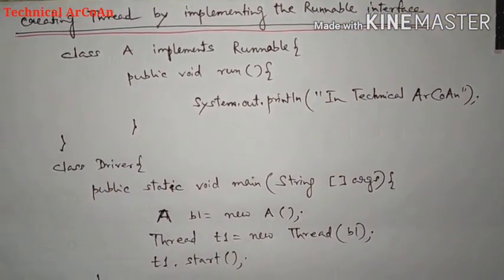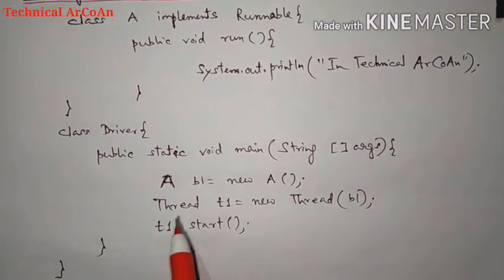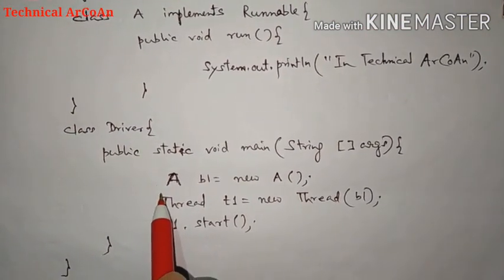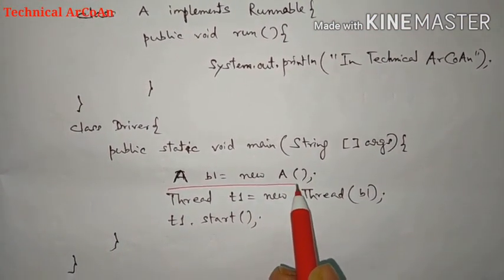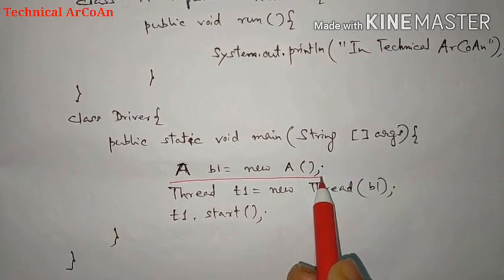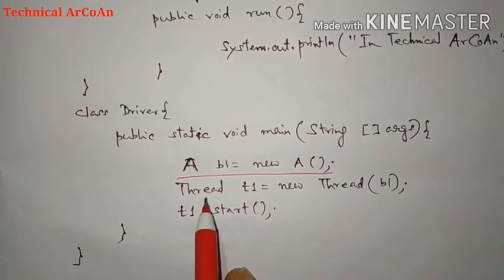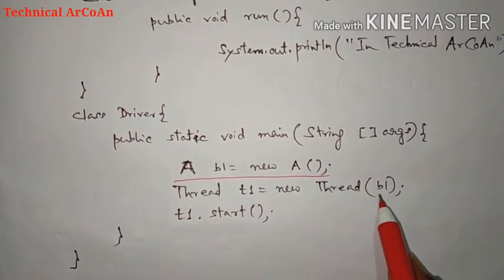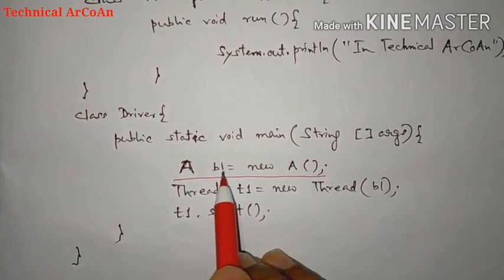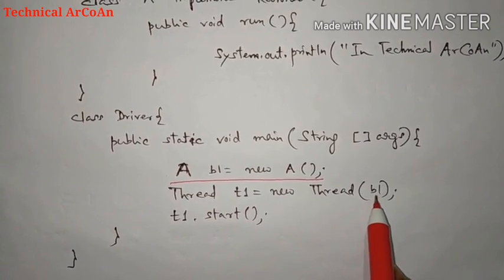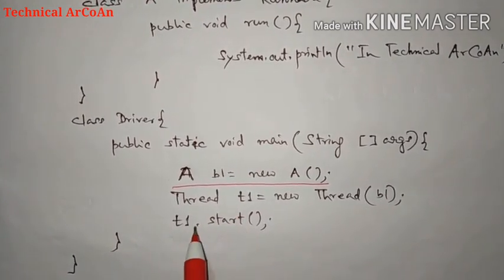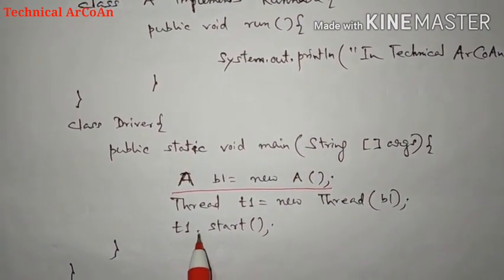And after that, we define the driver class, and here we should remember that at first we instantiate the object, then we create the Thread object and pass the class object as an argument. After that we call the thread object's start.